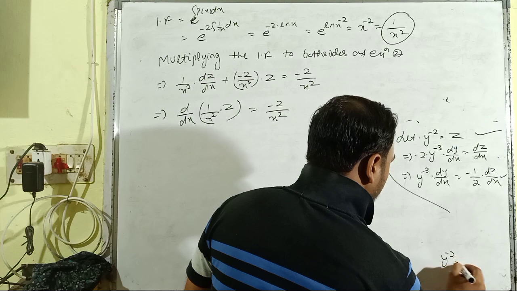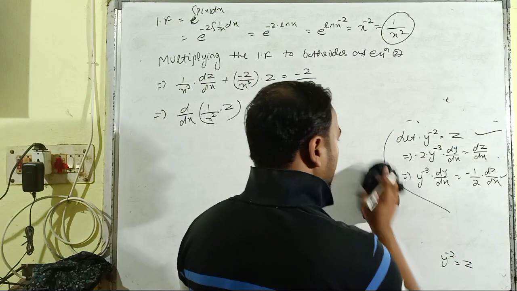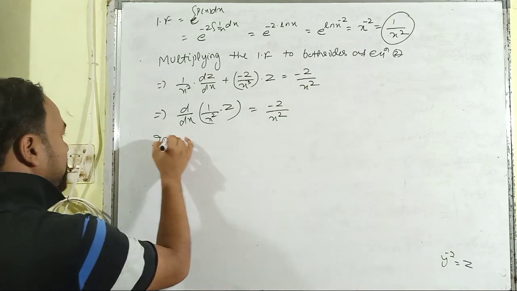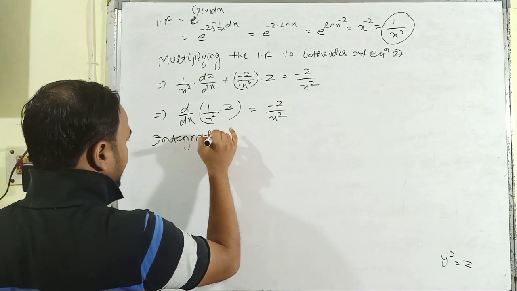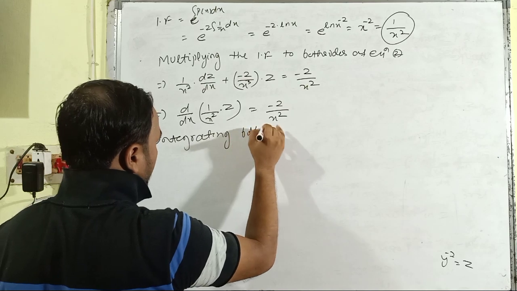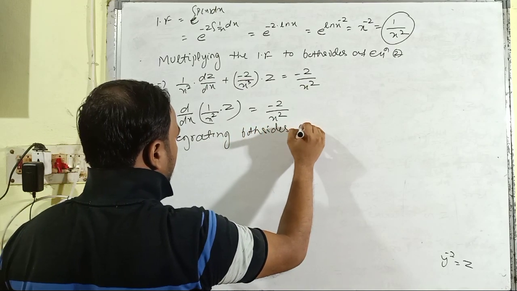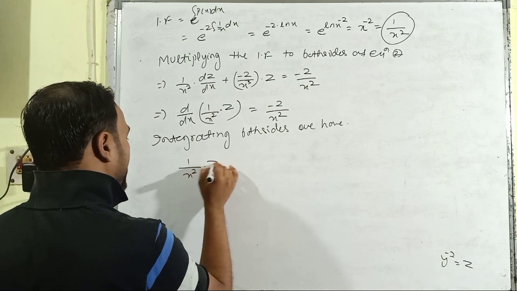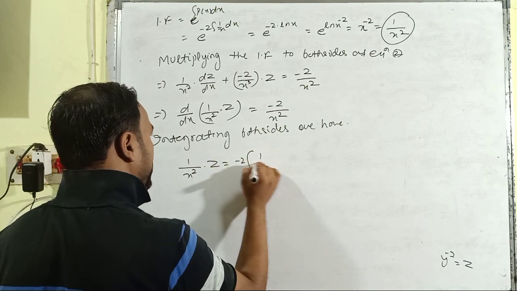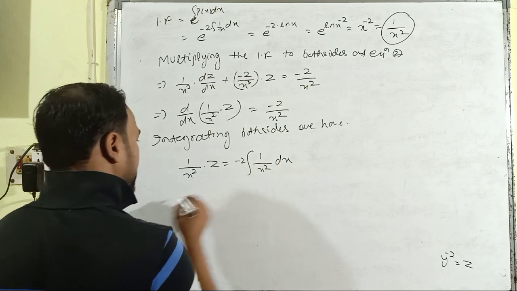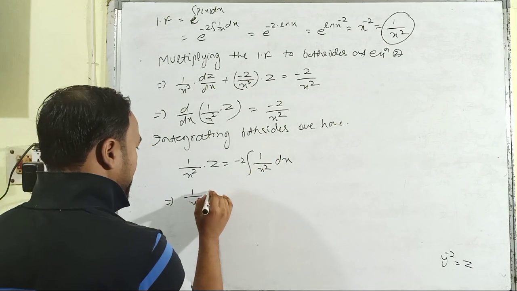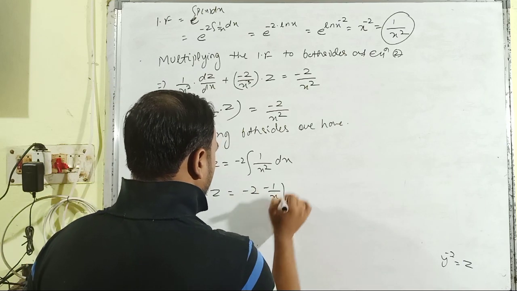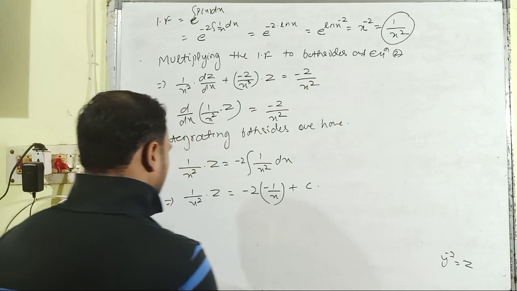Just write down here, we have taken y^(-2) as z. Integrating both sides, we have 1/x^2 multiplied with z, and it is the integral of -2/x^2 with respect to x, which is 2/x + c.